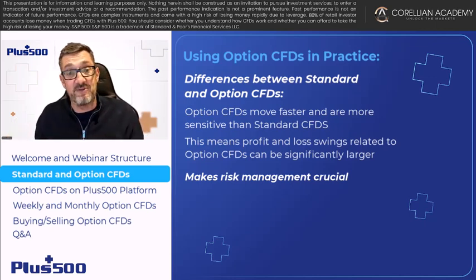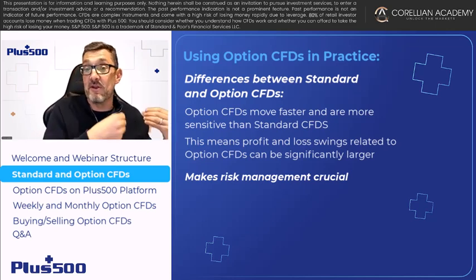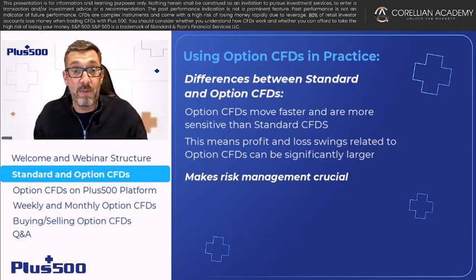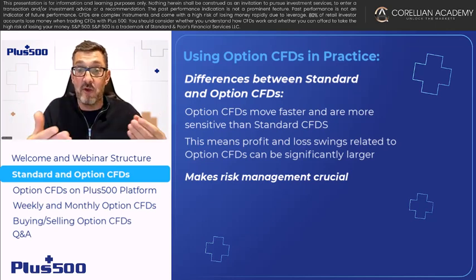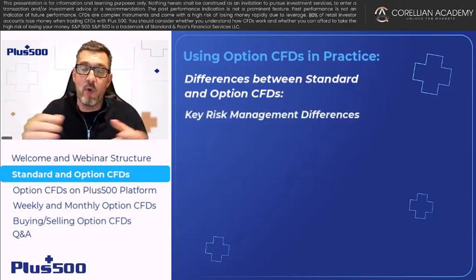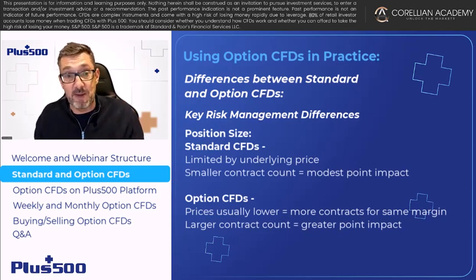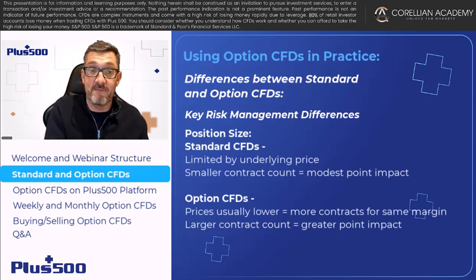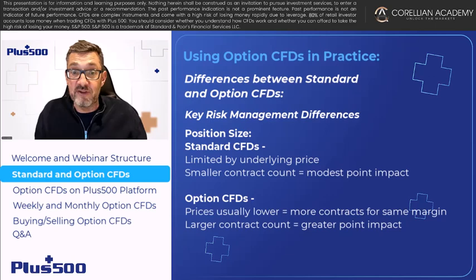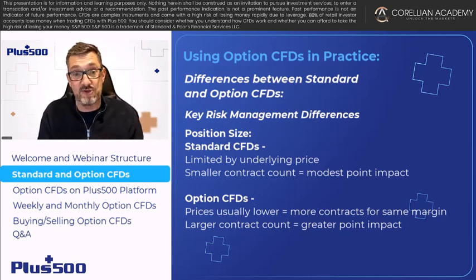But with an option CFD, the risk profile expands. You're dealing with a product that can move faster, react to more variables, and amplify both gains and losses through larger position sizes. Let's break this down a little bit more clearly. With standard CFDs, your position size is naturally limited by the price of the underlying. If Apple is $250, you can only buy so many contracts with that $1,000 margin.